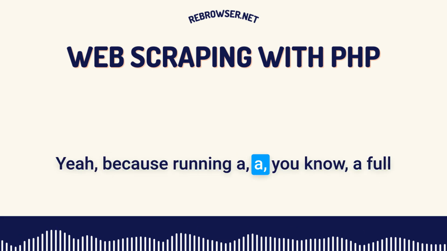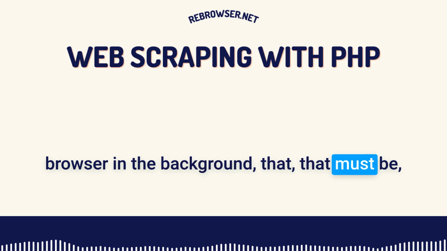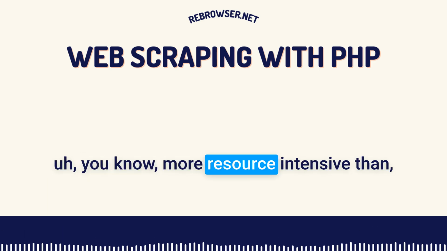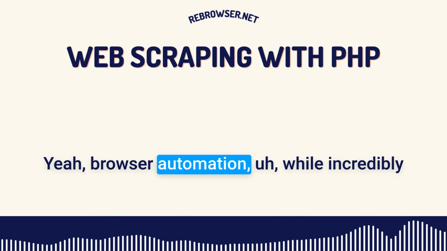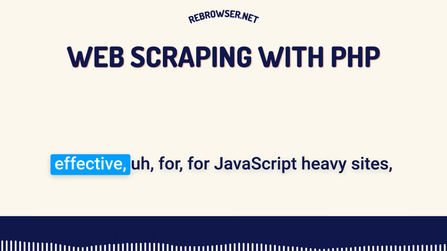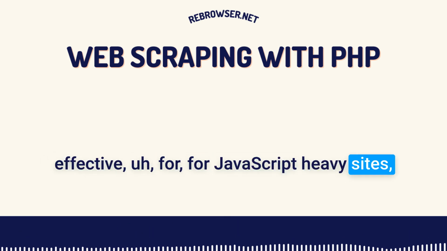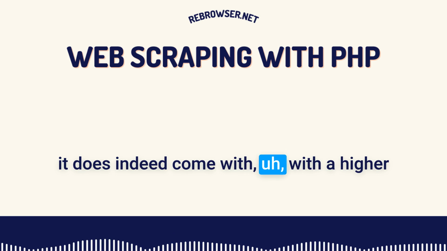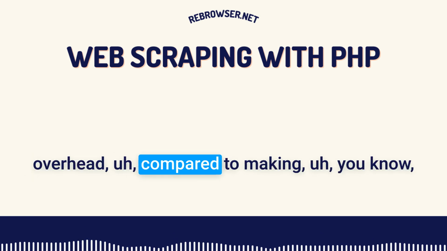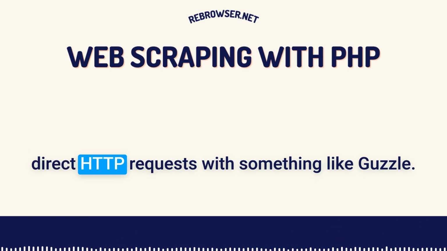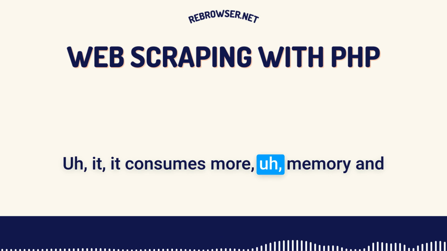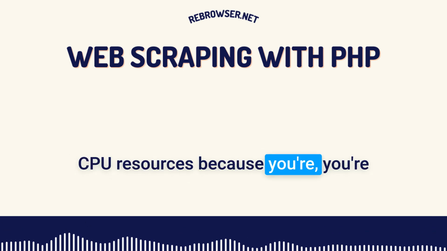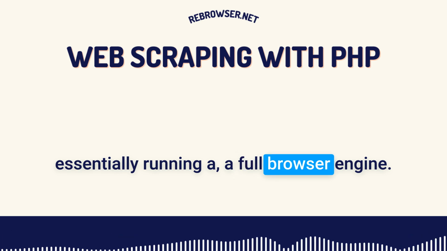Running a full browser in the background must be more resource intensive than just a simple HTTP request. Browser automation, while incredibly effective for JavaScript heavy sites, does indeed come with a higher overhead compared to making direct HTTP requests with something like Guzzle. It consumes more memory and CPU resources because you're essentially running a full browser engine.